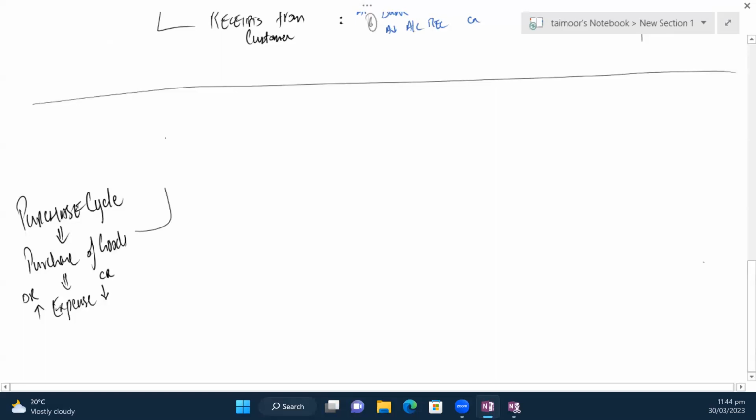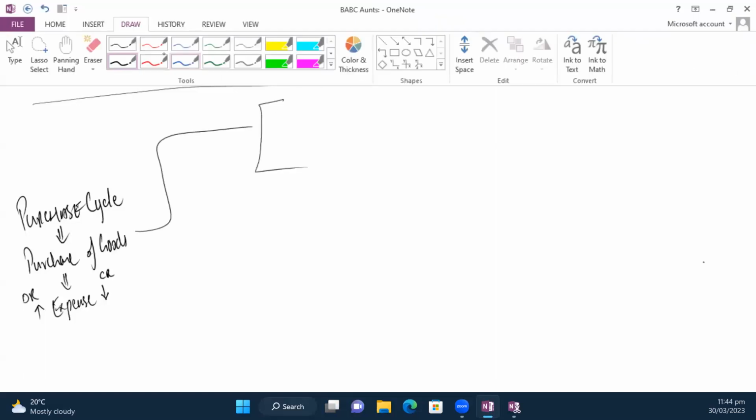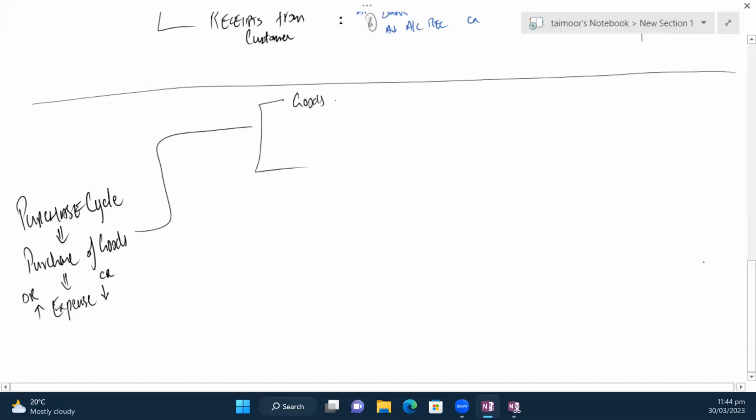So for the purchase cycle, the first transaction could be goods bought for cash. Yeah, it could be like goods bought for cash. The second transaction could be goods bought on credit.